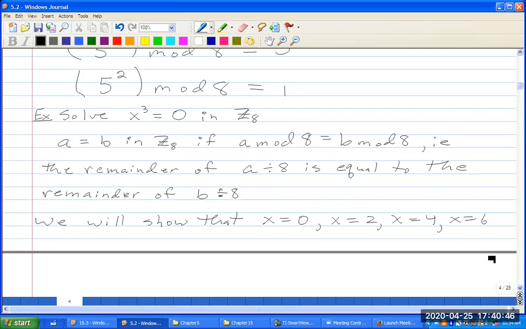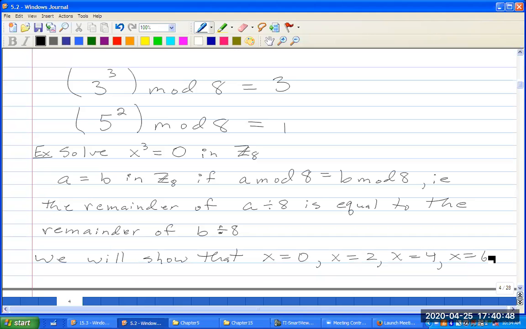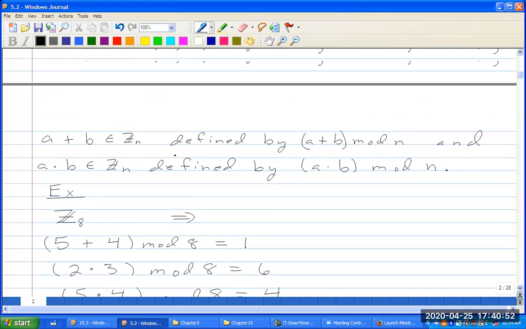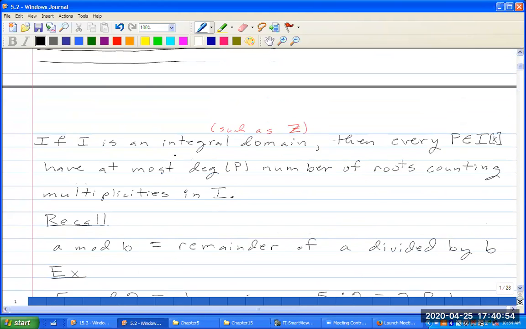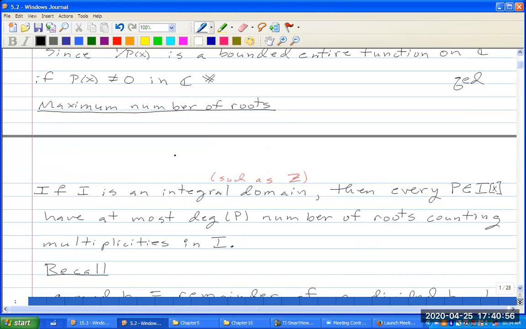And so in Z8, but it's a cubic, which, if you recall, a cubic has at most 3 roots. So Z8 is actually not an integral domain.